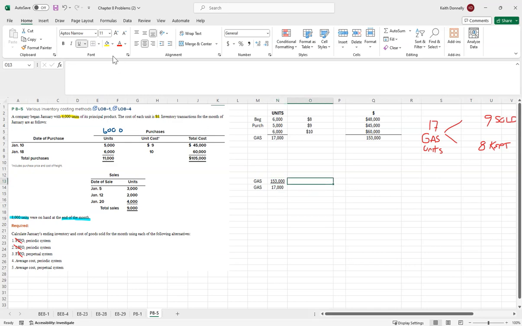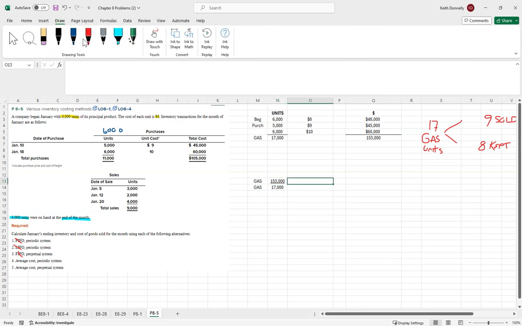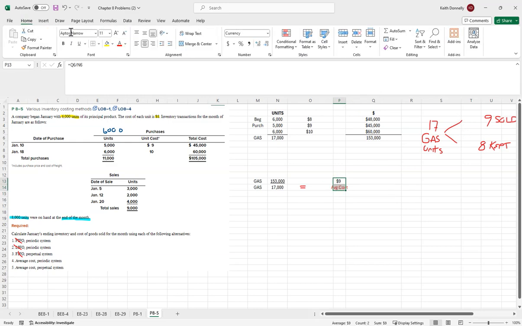So if we do the math on that, 153 divided by 17, we're looking at an average cost of $9 a unit.